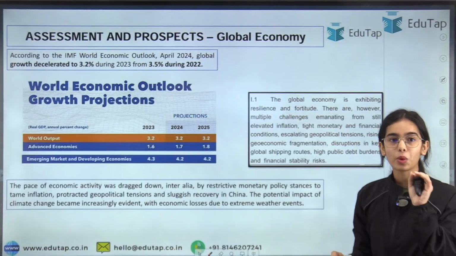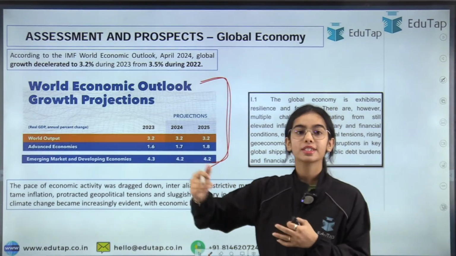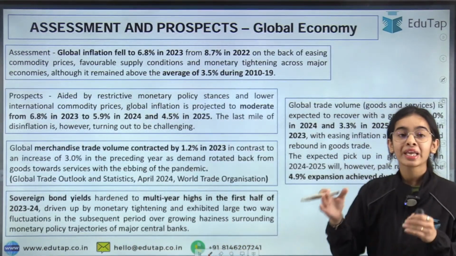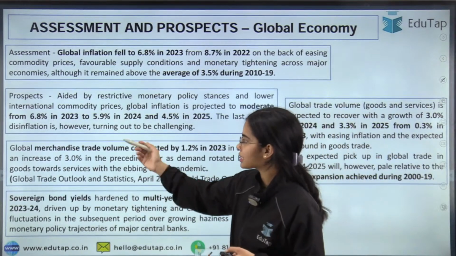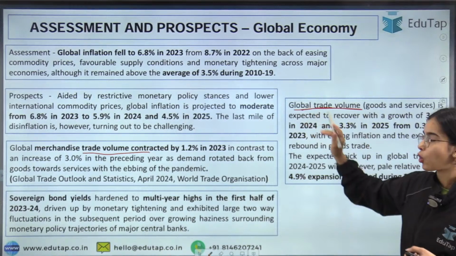Now I want to tell you one thing. This is important: the data points, what the projections are, what the outlook is for the global economy. Here the data points are important, such as the global merchandise trade volume as well as the global trade volume in total.